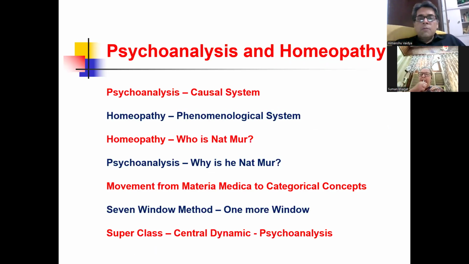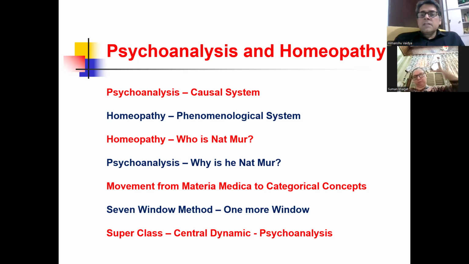So let us look at the homeopathy aspect. Before we go into it, let's just have some discussion on homeopathy and psychoanalysis. As a system, psychoanalysis is a causal system. Like, we always try to answer why this symptom has developed.